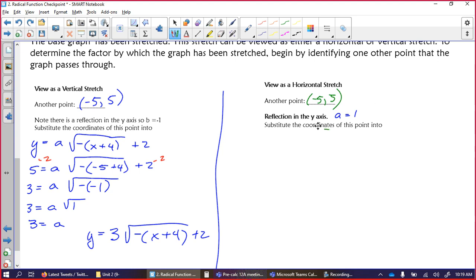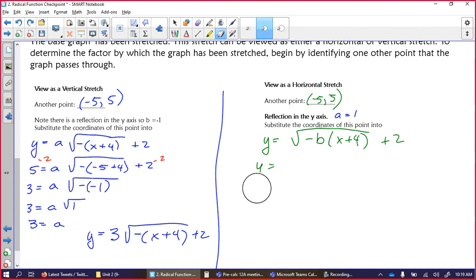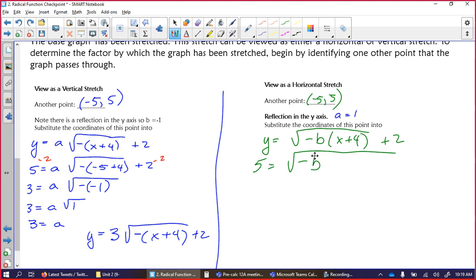So in treating it as a horizontal stretch, okay, let's see. Y equals a is 1, so I'm going to ignore it. The square root of negative, because that's still there, b, x plus 4, plus 2. 5 equals the square root of negative, well, I don't know what b is, negative 5 plus 4, plus 2.